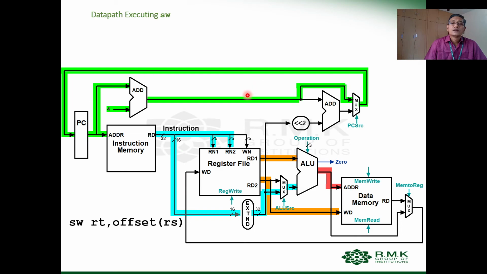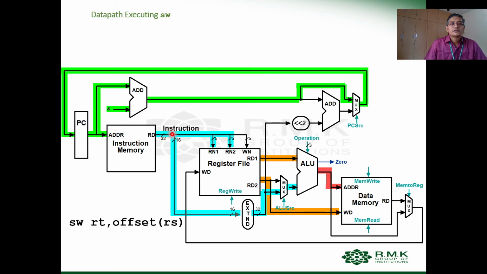Which functional units are active during the execution of the store word instruction? PC is equal to PC plus 4. This adder is involved, and because it is a simple store word instruction, PC plus 4 is directly taken. This is the green color path for the instruction fetch.